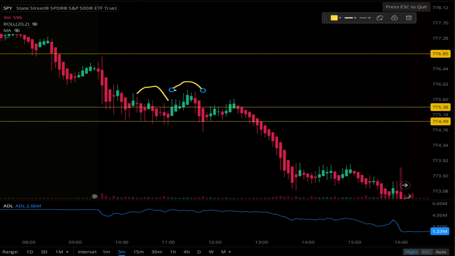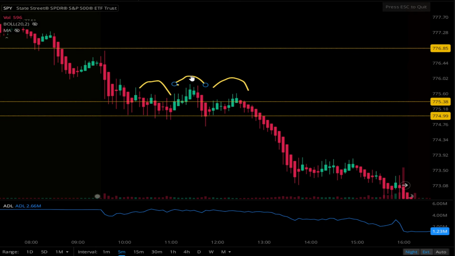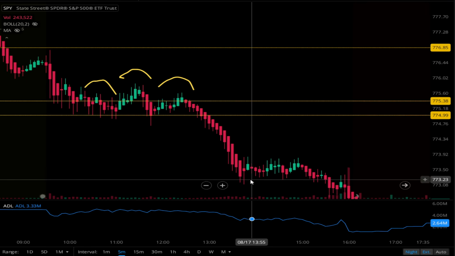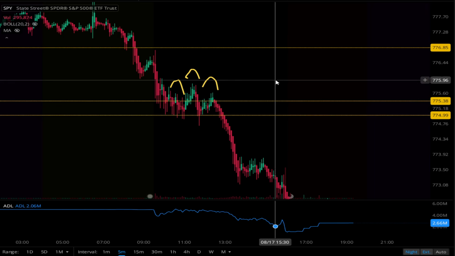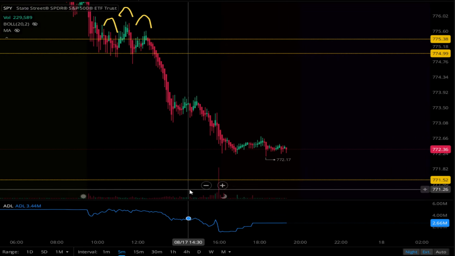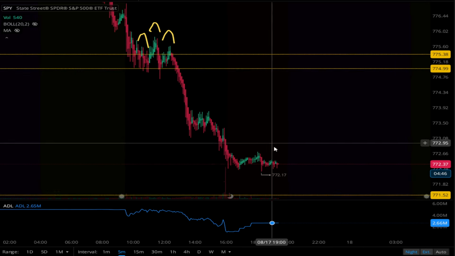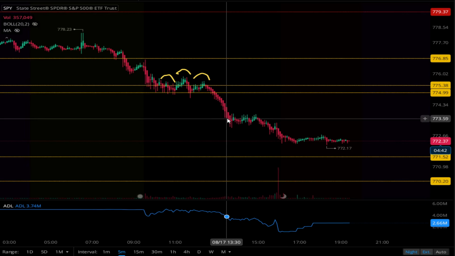There's the left shoulder, the head, and the right shoulder. From that right shoulder, we got the breakdown, which broke us through both of those support ranges. And now we're starting to head downward towards the next support range, which is that 771.52. So that's exactly what was occurring today.